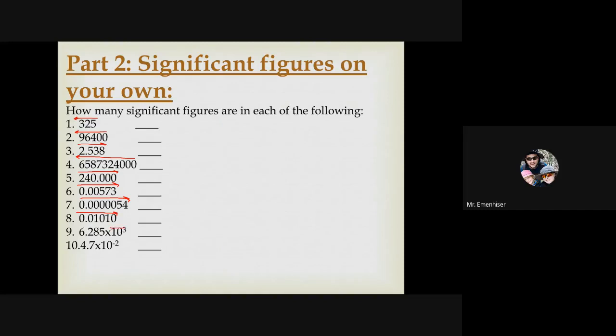Now this one, this part doesn't count for sig figs, and we're going to read it that way. This part doesn't count for sig figs. We're going to read it that way. That's 4.7. I know the decimal's close there. Okay, so students need to do that on their own. Just follow the sig figs. Start counting when you hit something that is not a 0, and then count everything that follows. Any zeros that you encounter first do not count.